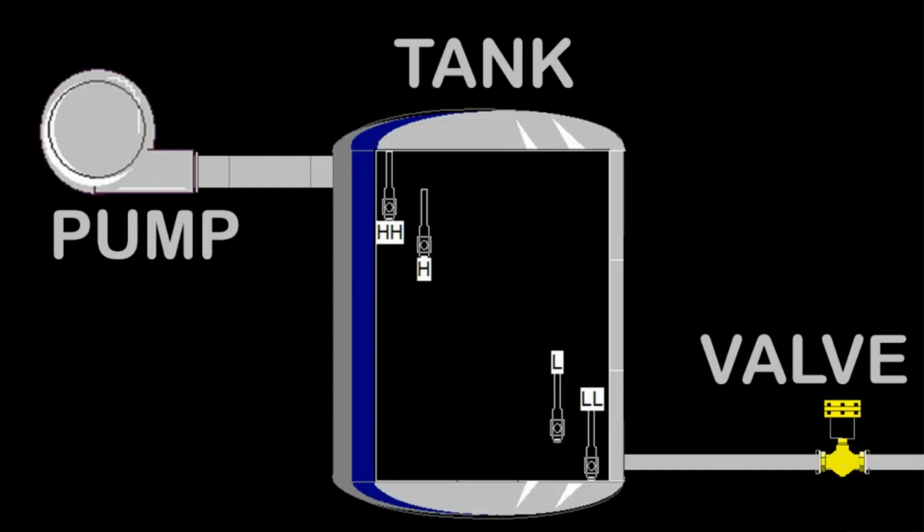That's going to drain our tank down to the low level. When we get to the low level, we're going to close our discharge valve again and start our fill pump. So this maybe isn't a very practical operation, but we want this tank just to fill and drain and fill and drain and cycle back and forth, and that's what we're going to program it to do right now.